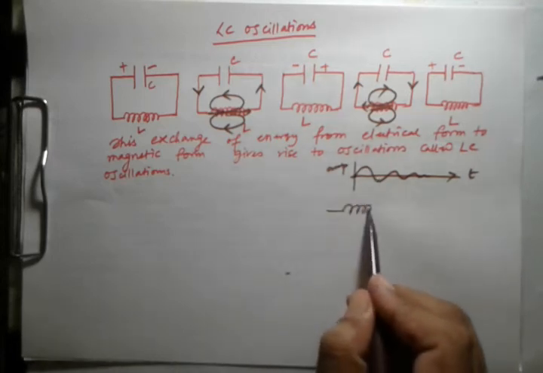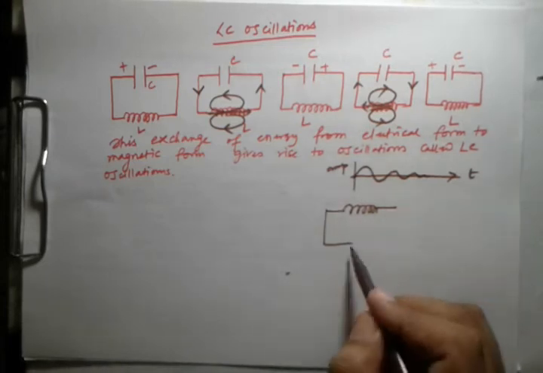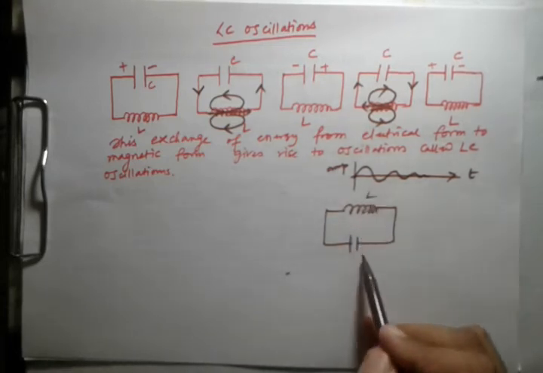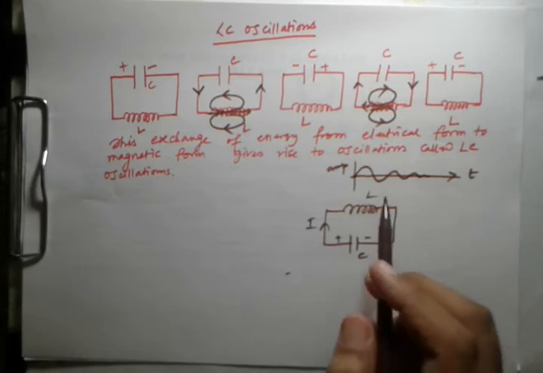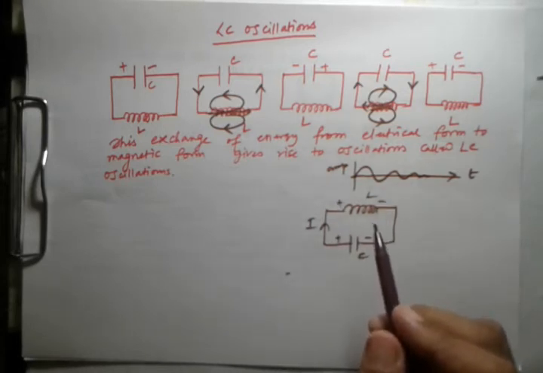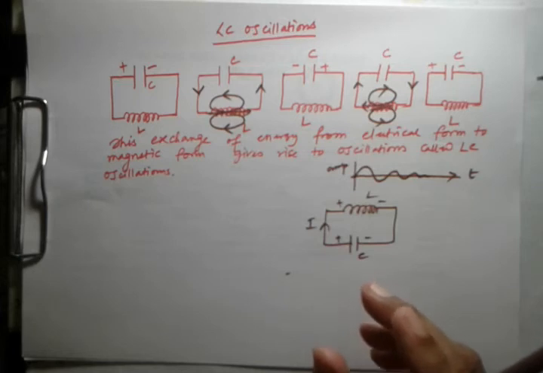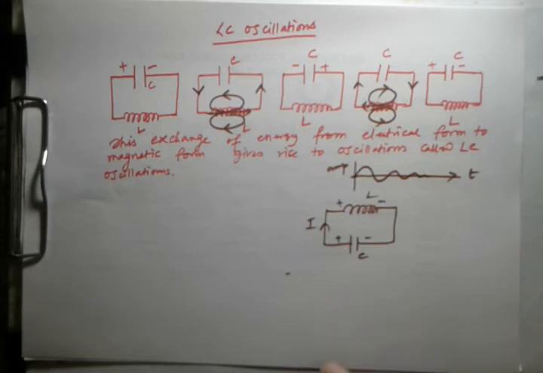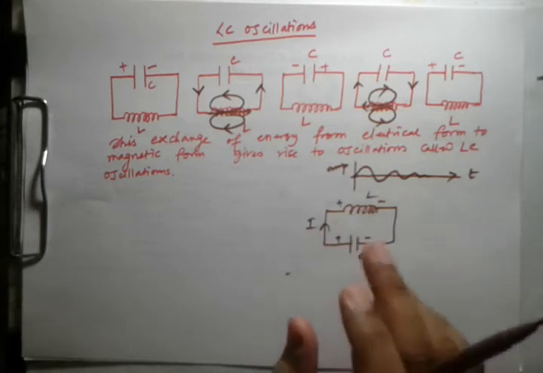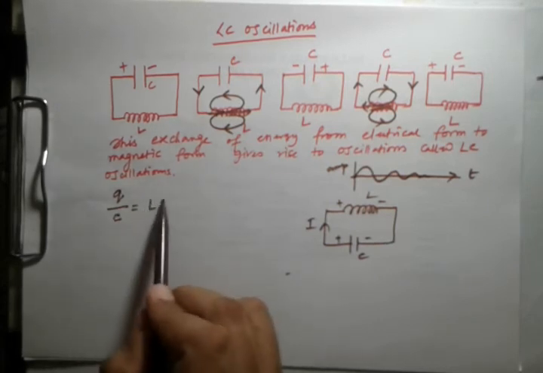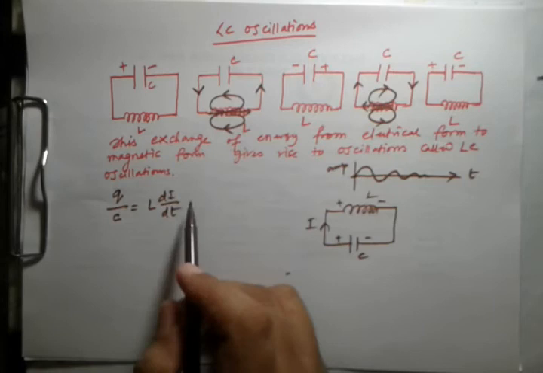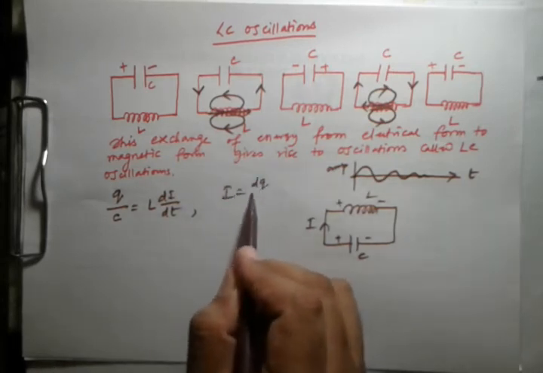Suppose this is your inductor coil and this is the capacitor, L and C. Current I is passing in this way, with plus and minus on the plates. Let the capacitor be charged and connected to an inductor at time t equal to 0, and after time t let the charge of the capacitor be Q, and I the current in the LC circuit. Now using Kirchhoff's law, Q by C is equal to L di by dt, and also I is equal to dq by dt.